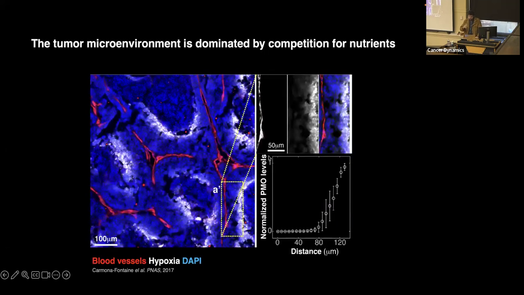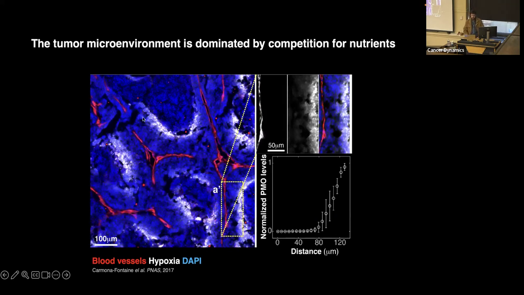So this is an immunofluorescence of a tumor section, just to show this is not just in my mind. I'm staining here in white for a probe that labels hypoxic regions, and in red, you see an immunofluorescence detecting blood vessels. I was actually talking with Gilbert this morning, and he has some really cool images showing a very similar thing.